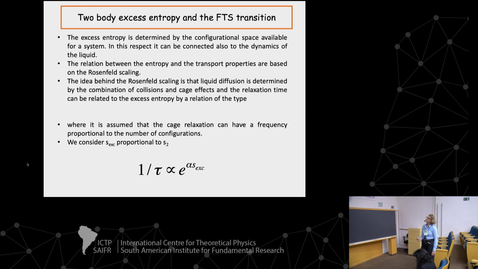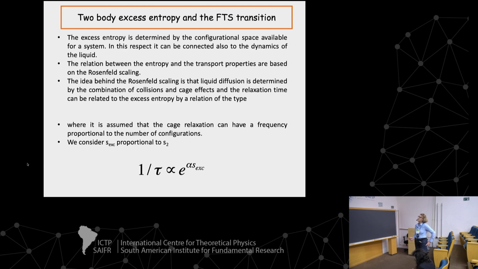In fact, there is a relation between this entropy and the transport properties based on the Rosenfeld scaling. This is a scaling with the idea behind it that the liquid diffusion is determined by the collision and the cage effect, and the relaxation time can be related because of this to the excess entropy.